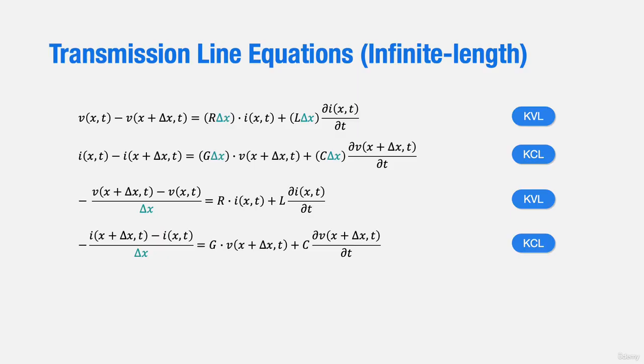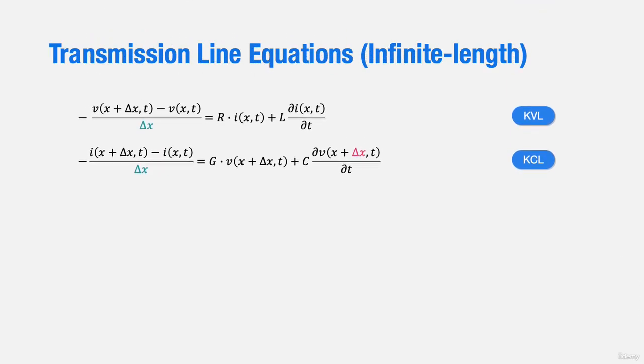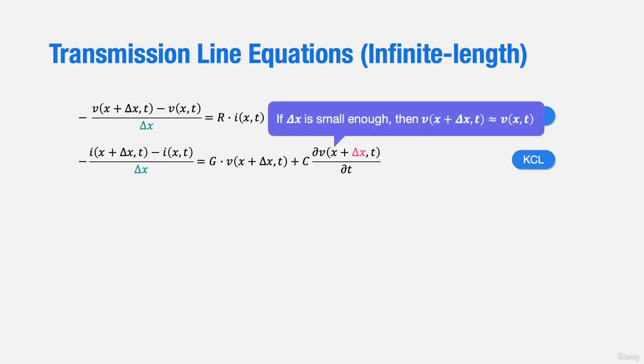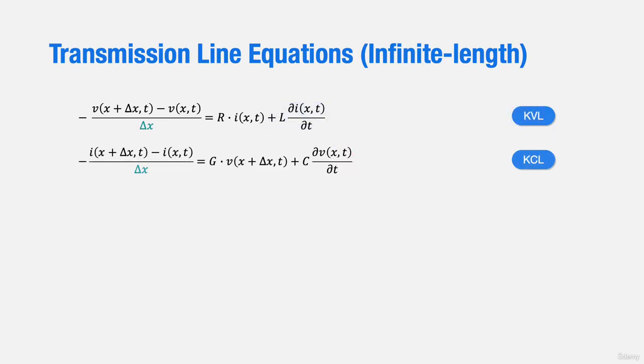If delta x is small enough, then V of x plus delta x, t will be approximately equal to V of x, t. The variables on the right side of the equation are related to position and time, but what we care about is their rate of change with respect to time.